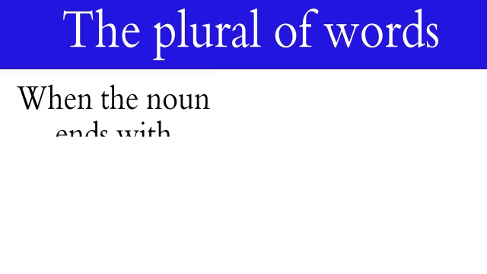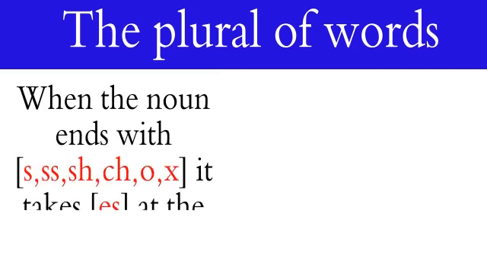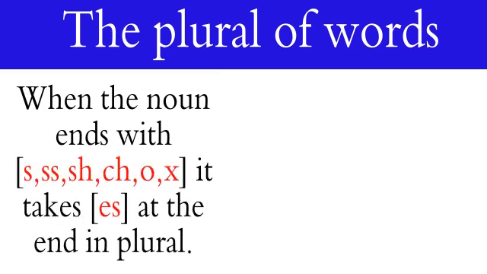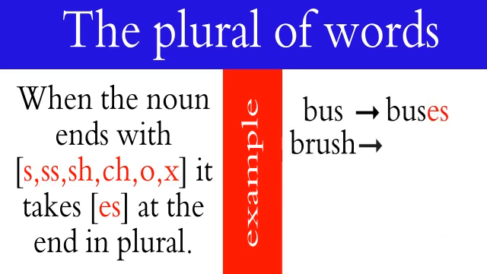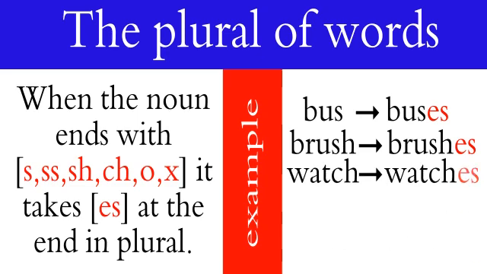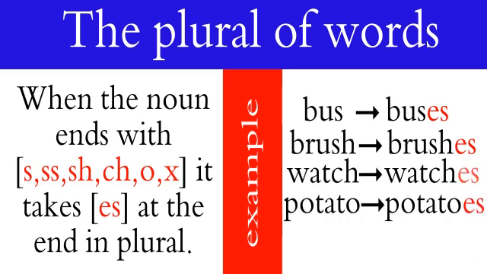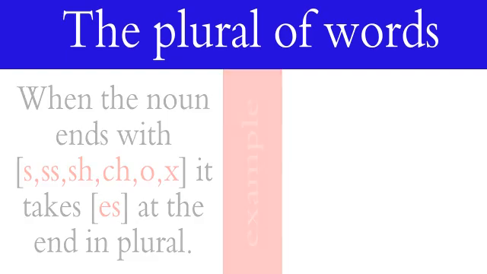When the noun ends with s, double s, sh, ch, o, x, it takes es at the end in plural. Example: bus, buses; brush, brushes; watch, watches; potato, potatoes; box, boxes.